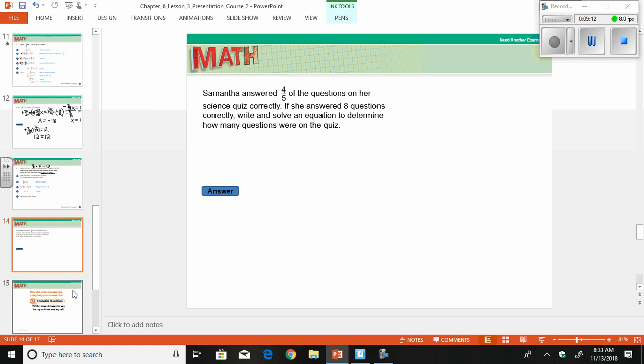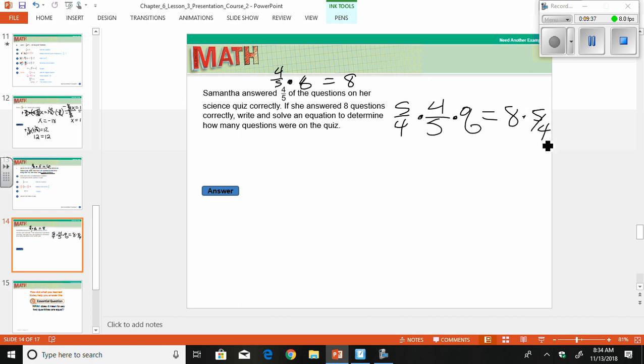Samantha answered 4/5 of, so we have 4/5 of what? 4/5 of the questions on her science quiz correctly. If she answered 8 questions correctly, write and solve an equation to determine how many questions were on the quiz. So a total of 8 questions correctly. So we have 4/5 times the quiz equals 8. So we multiply by 5/4 on both sides.